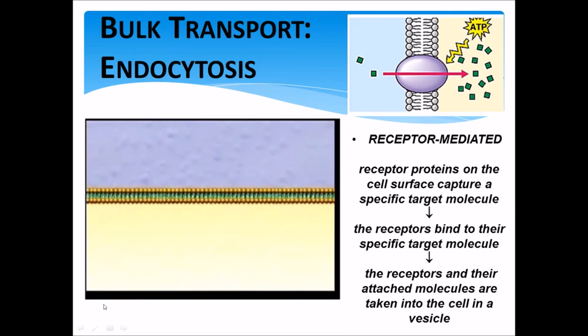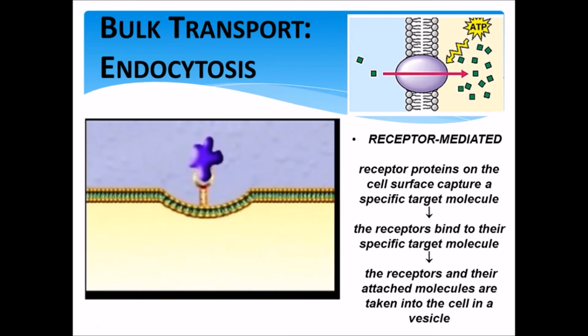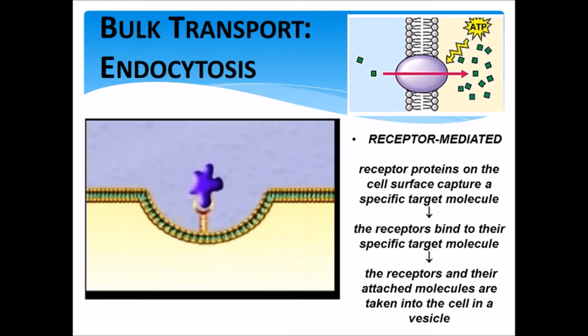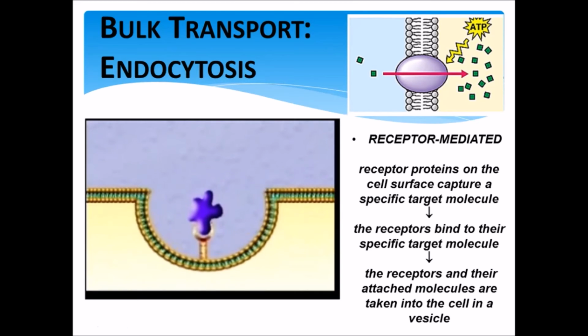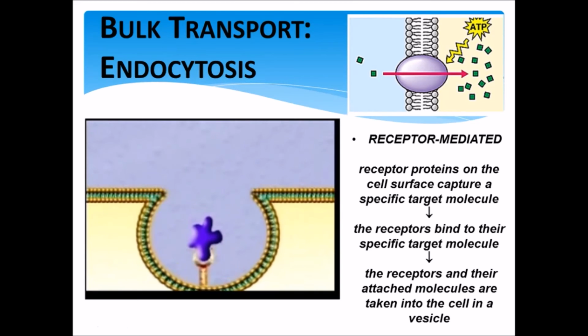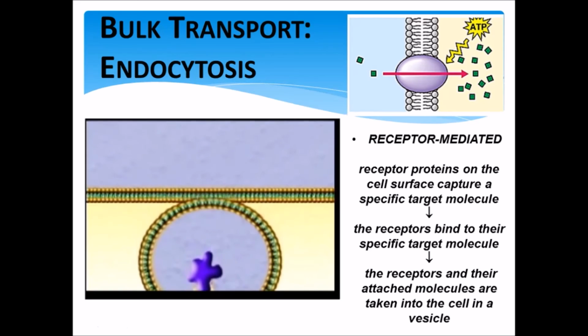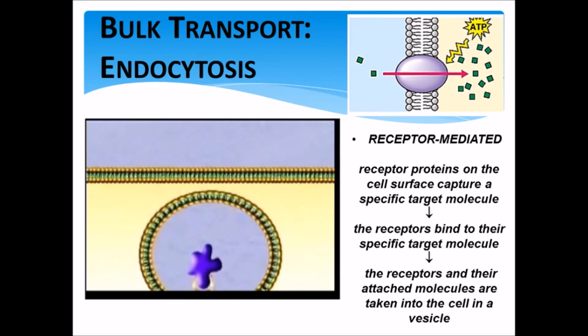A specialized endocytosis called receptor-mediated endocytosis also occurs in cells. In this process, molecules of a particular substance, such as cholesterol, bind to receptors in the plasma membrane. The vesicle is formed as the membrane sinks in.